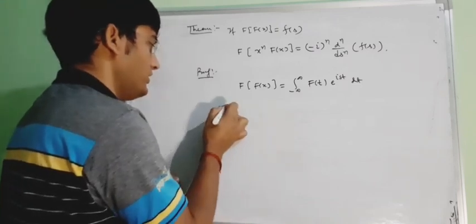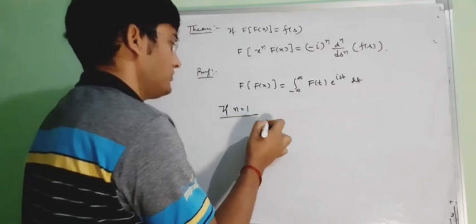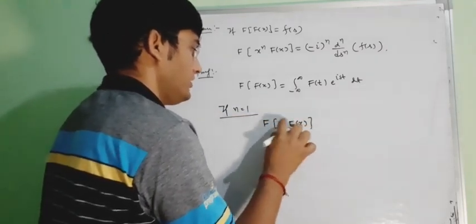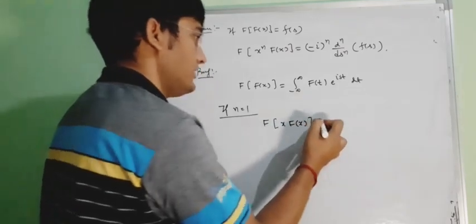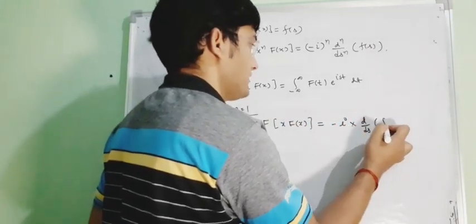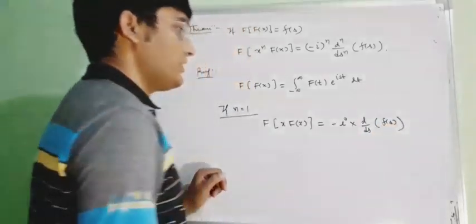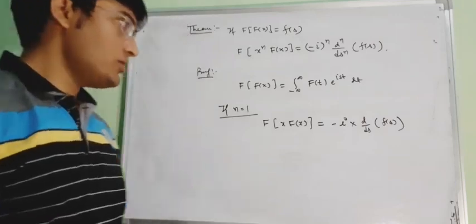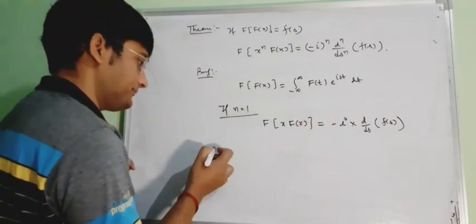If n equal to 1, then we will have to prove that the Fourier transformation of x into f(x) is equal to minus i into d by ds of f(s). So for n equal to 1, we should have this result.